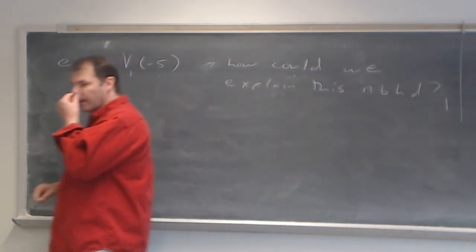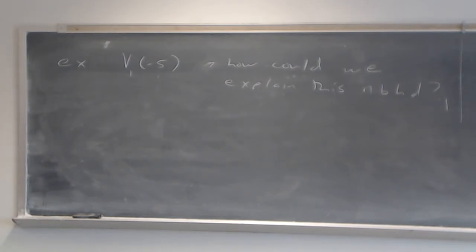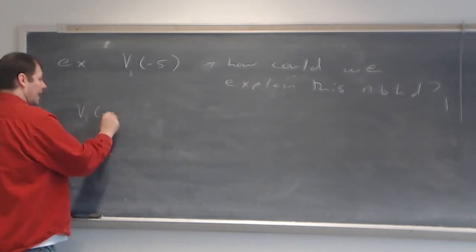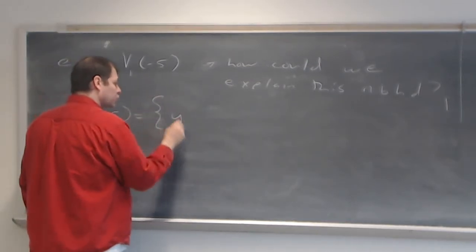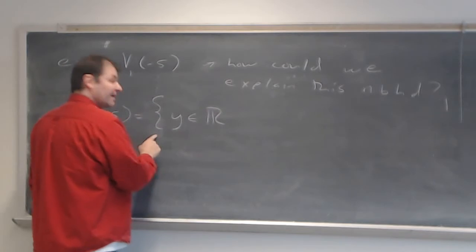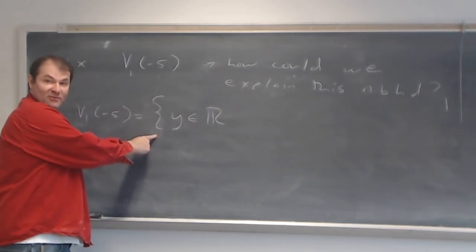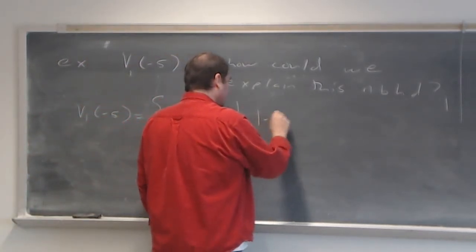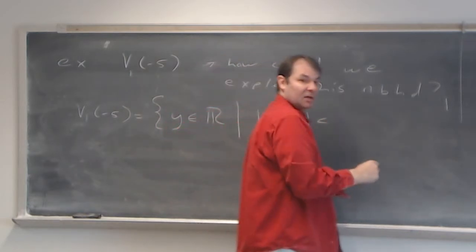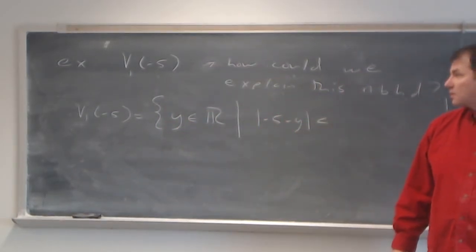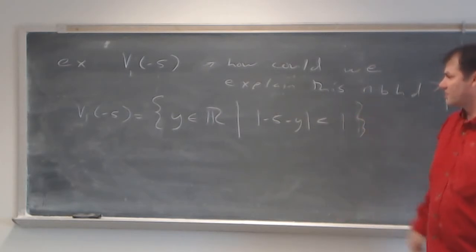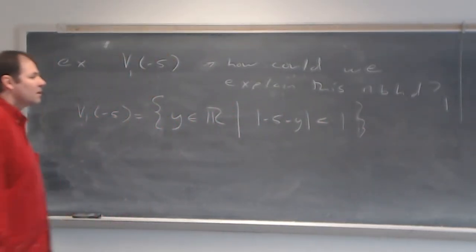What is it? The absolute value of -5 minus some real number that's less than 1. Okay, so the way that we write this, that's right, that's good. So V sub 1 of minus 5 consists of all the numbers y, all the real numbers y, such that the absolute value of minus 5 minus y is less than our epsilon. What's our epsilon here? 1.